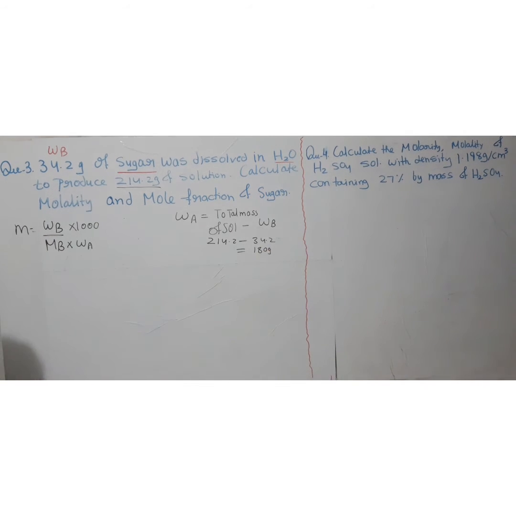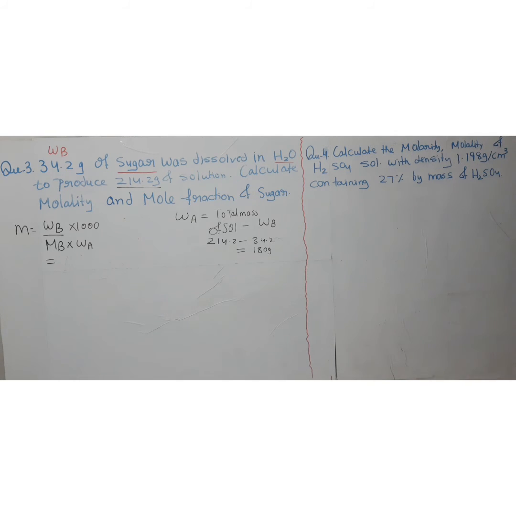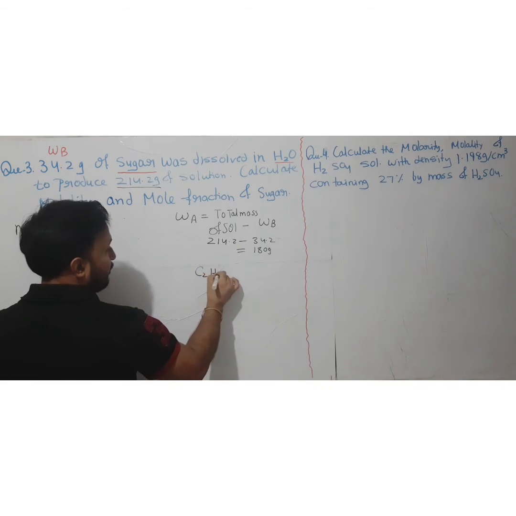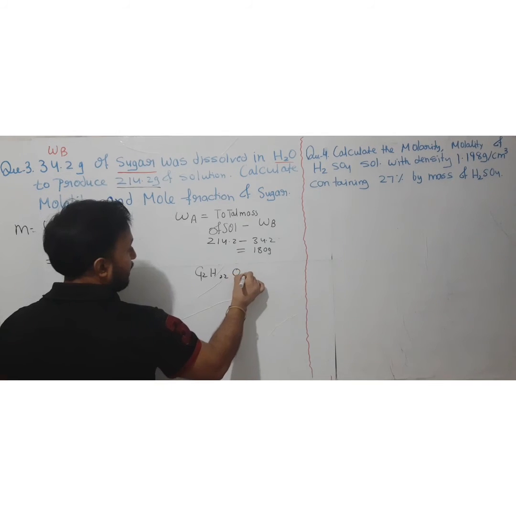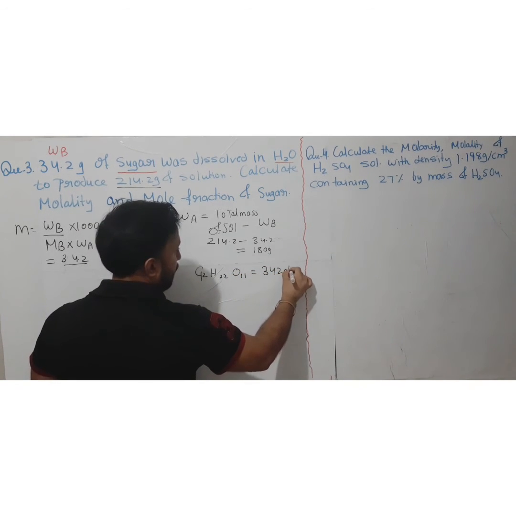Now we know the values, so we can put the values here. The value of WB is 34.2, and its molar mass: sugar is C12H22O11. So if you calculate its molar mass, it will be coming 342 gram per mole.